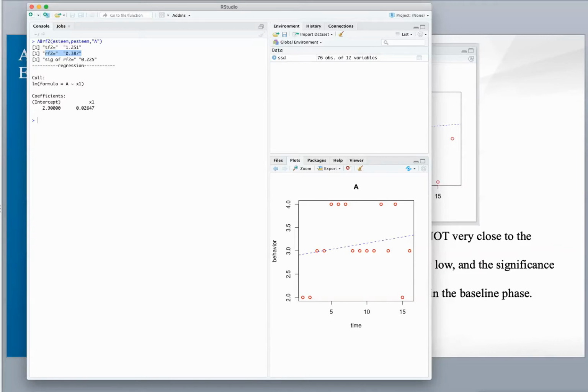But in my view, almost all data that we use in single substrate design is going to be autocorrelated. The problem is it's hard to get significance unless there's a very high degree of autocorrelation, because the n's we use are very small.